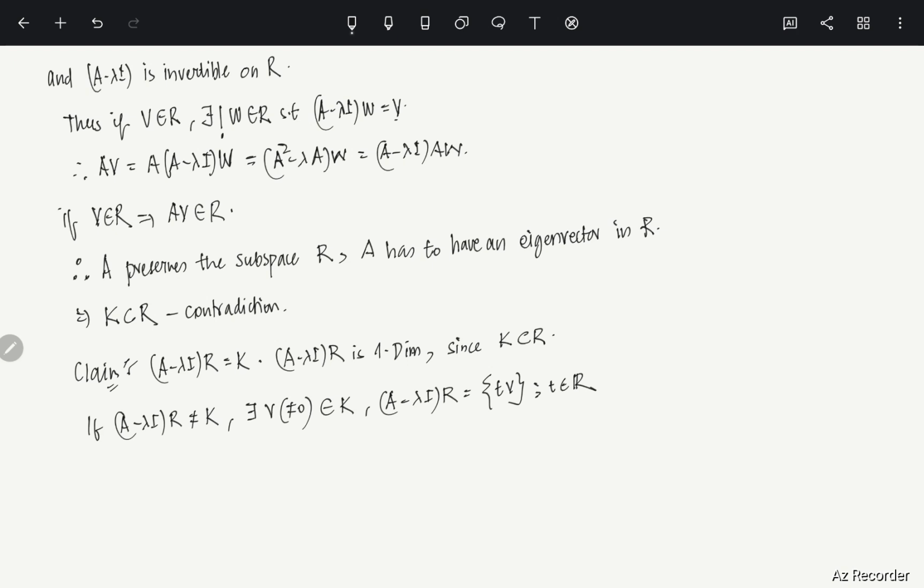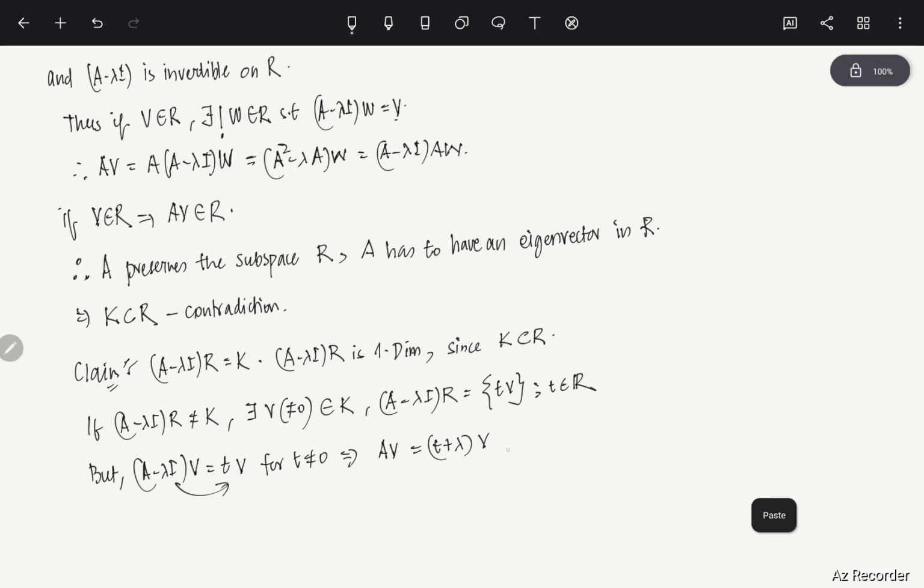Yes, A minus lambda I times R should be TV, right? Yes, that is what we are going to get. Okay, but you see, A minus lambda I times V should be equal to T times V, right? For some T non-zero. And therefore A times V should be equal to T plus lambda times V. You take this thing here, then it works, right?